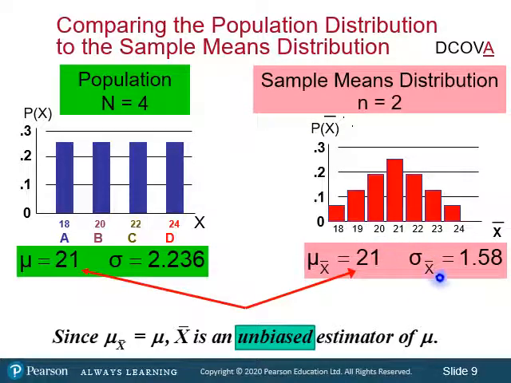The standard error equals 1.58, which is slightly lower than your standard deviation, which is given in your population. Since your mu x bar equals mu, x bar is actually an unbiased estimator of your mu.